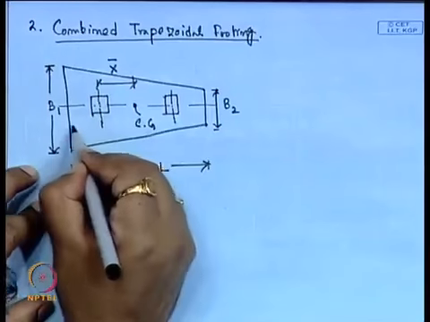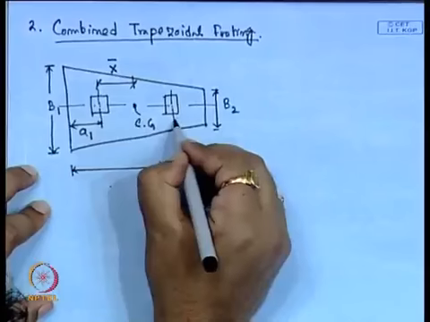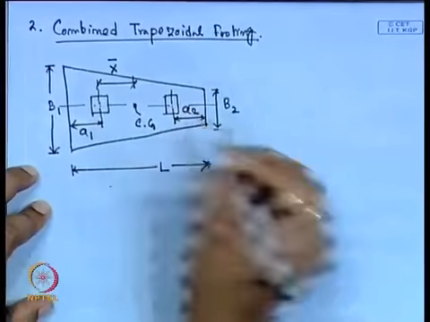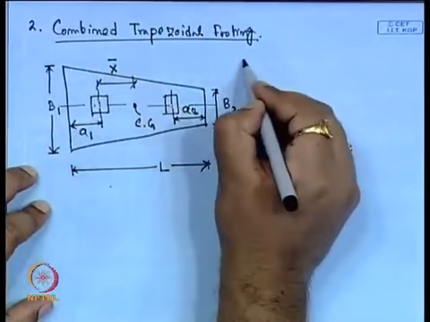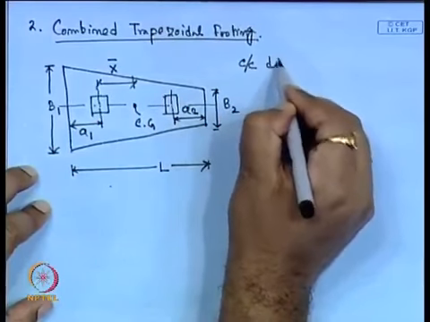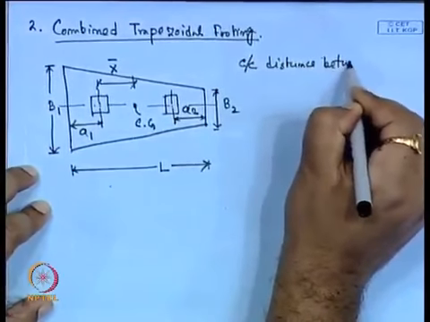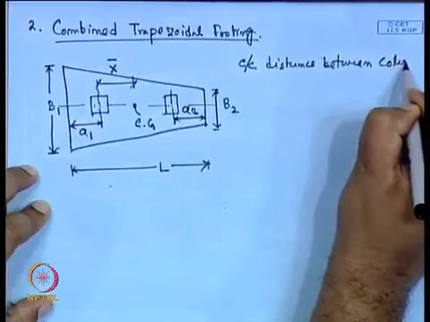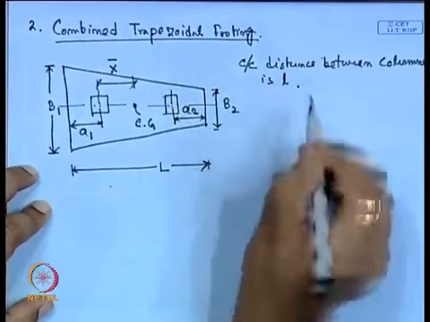Similarly, from this center this edge distance is A1, and from this center this edge distance is A2, and the center to center distance between columns is small l.